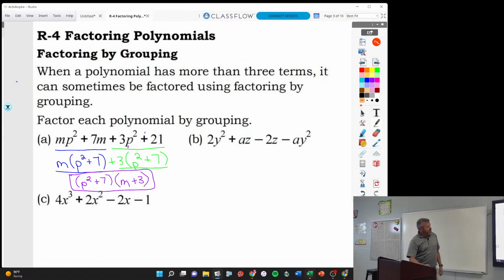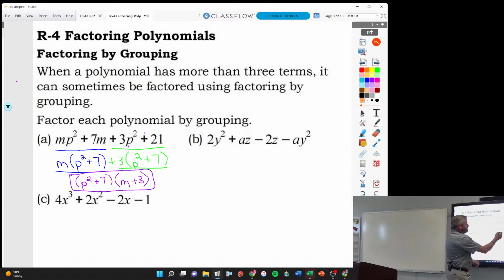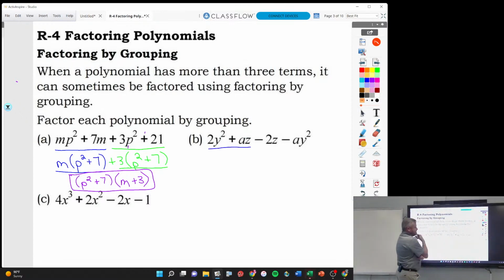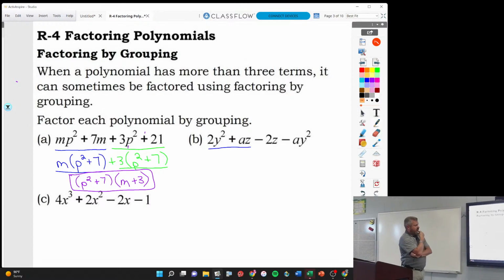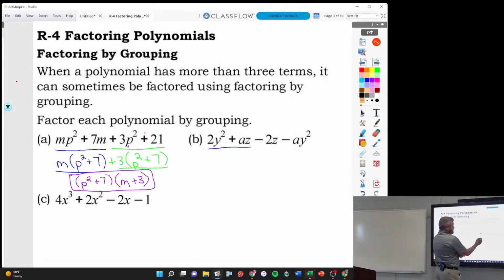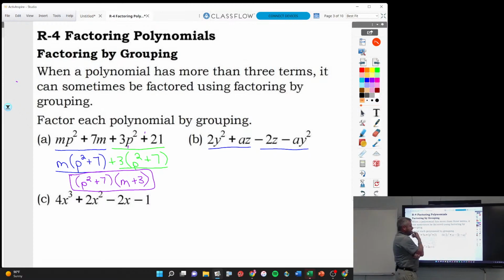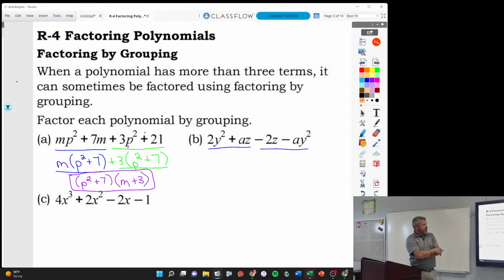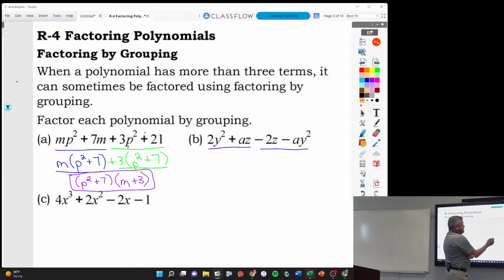The second one, as I look at that, and I start to take the same approach, if I look at those first 2 terms, 2y squared and az, there's nothing in common there. Look at the next terms, negative 2z minus ay, there's nothing in common there either. But if you remember in math, if you keep the signs on your numbers, you can rearrange things and it's still going to be equal.